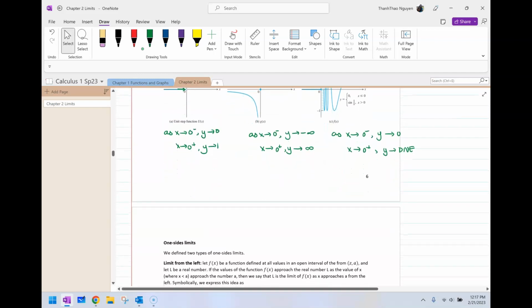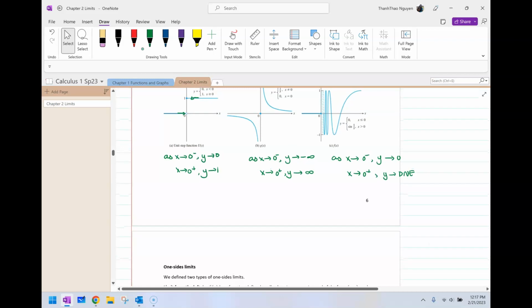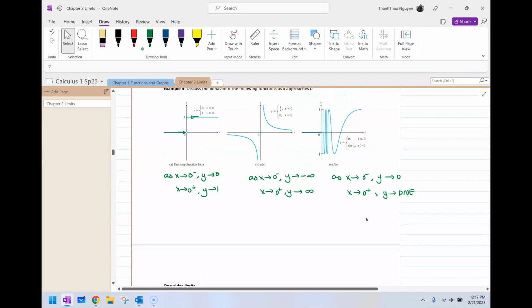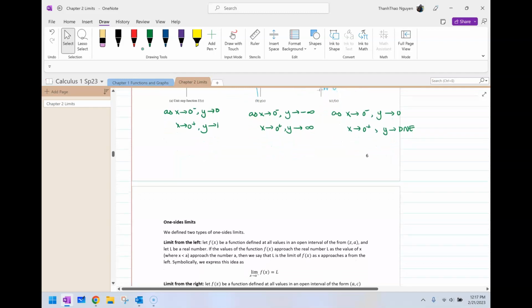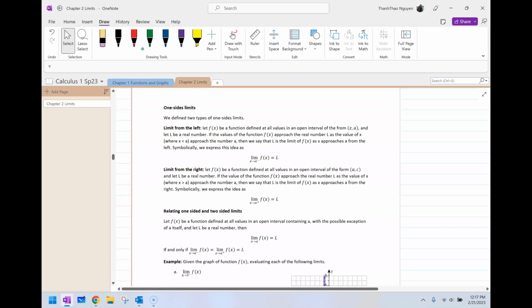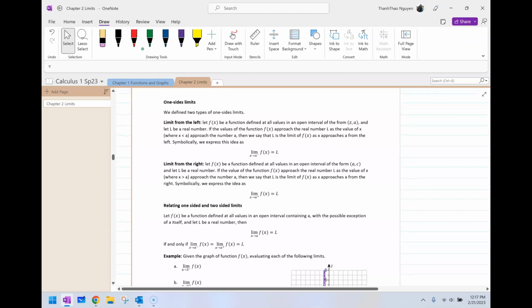Now, as we were looking at this problem, as you can see, I'm talking about the limit from the left and the limit from the right, right? So let's go ahead and define one-sided limits. We define two types of one-sided limit: the limit from the left and the limit from the right.